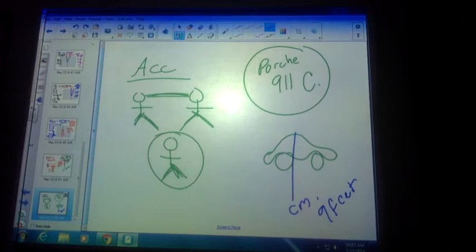Okay? Porsche 911 Carrera. Center of mass is 9 feet underground. You want to hear the most amazing thing about this car? You can make it slide. But if you were to take a corner at 120 miles an hour, all 4 wheels will stay on the ground. You cannot flip this car over.